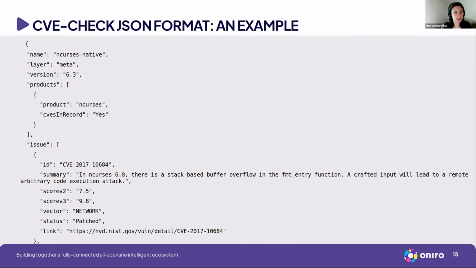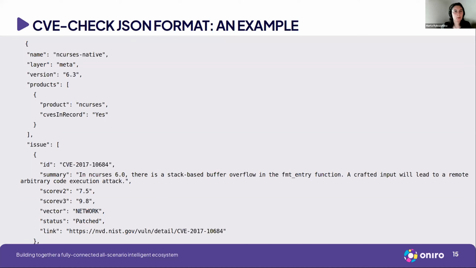And then instead of listing each issue with the recipe name, you have a separate issue table with all of the issues that are listed there, and you can post-process that.